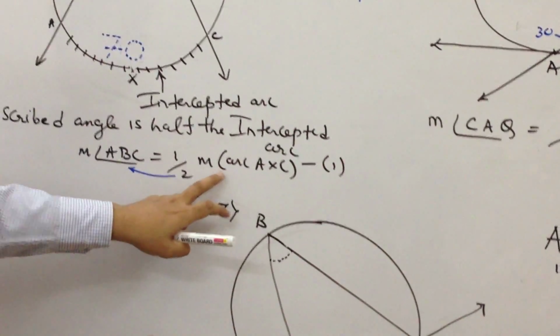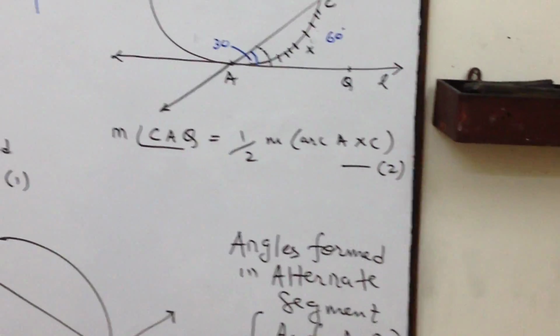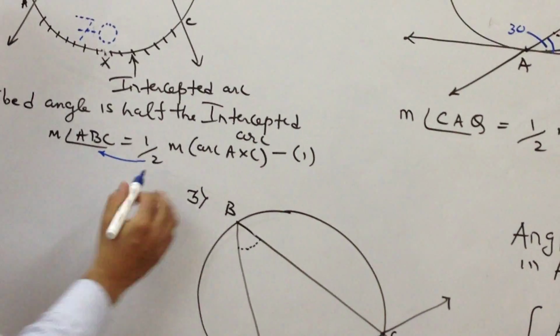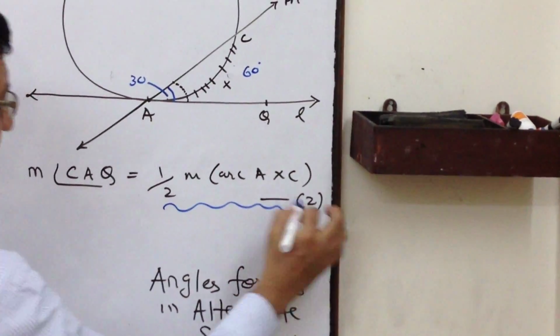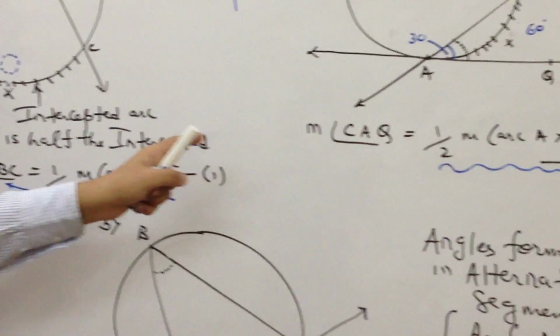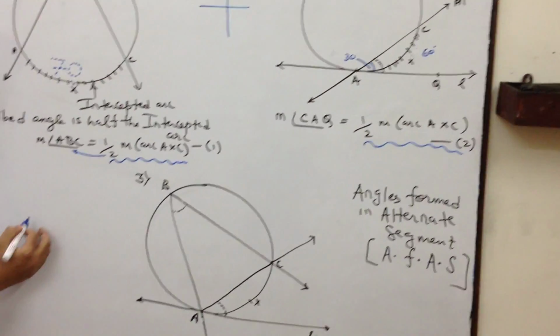If you just look at the right hand side of both the equations, what do you see? It's half measure arc AXC, half measure arc AXC. Both the right hand sides happen to be the same. So a new concept comes in your way. The left hand side has to be the same.